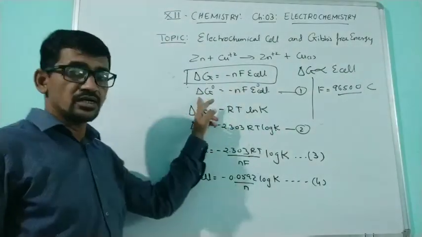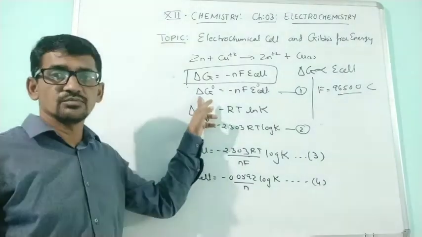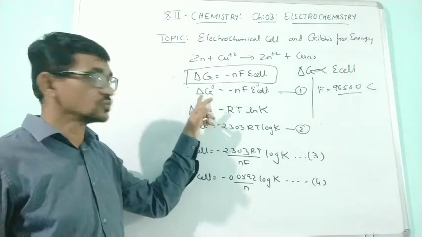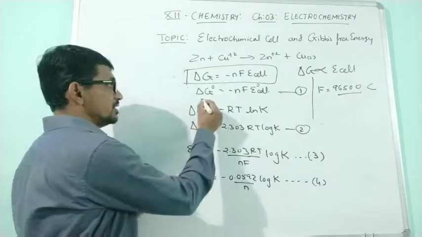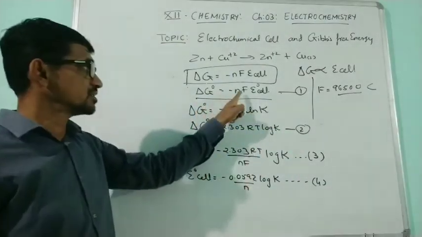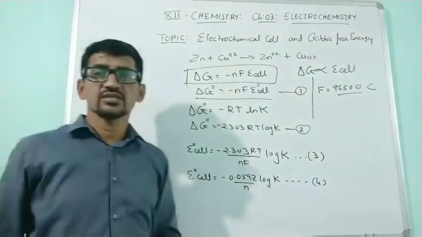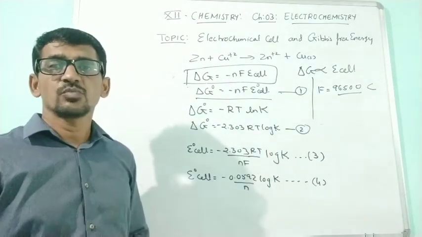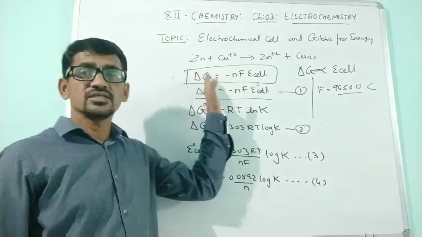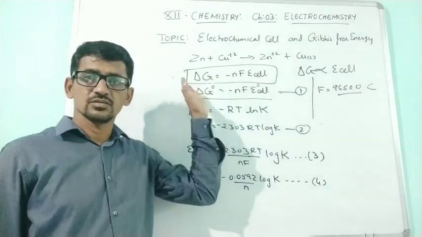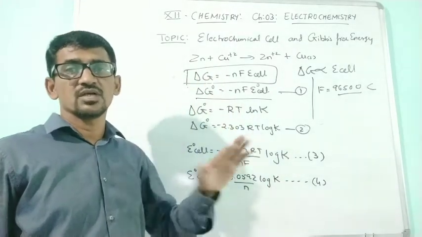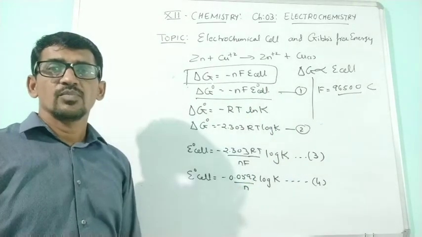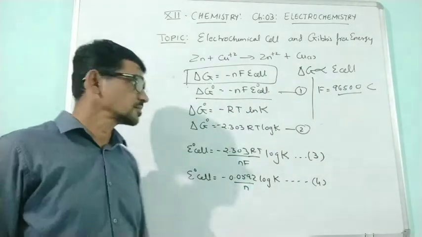So if the cell is standard, then whatever Gibbs free energy comes is also standard, so delta G0 is equal to minus NF E0 cell. Again, the minus sign means if the reaction is spontaneous, there is a decrease in the free energy. Or if free energy decreases, then the reaction will take place on its own, meaning spontaneous.